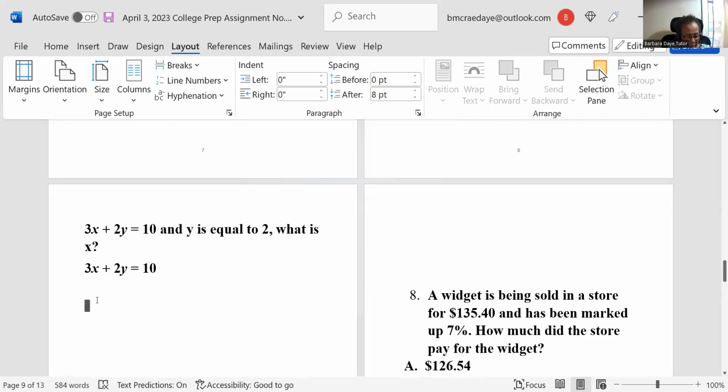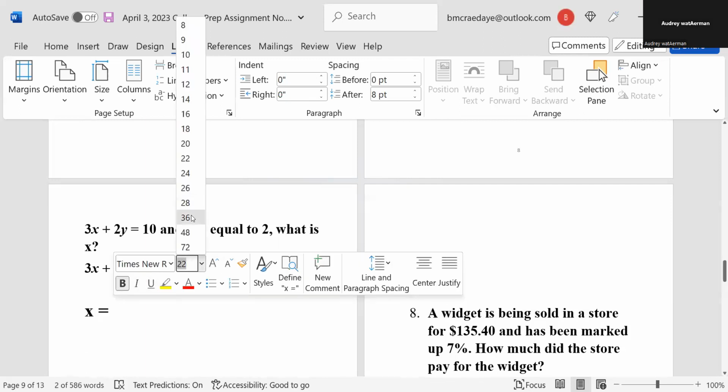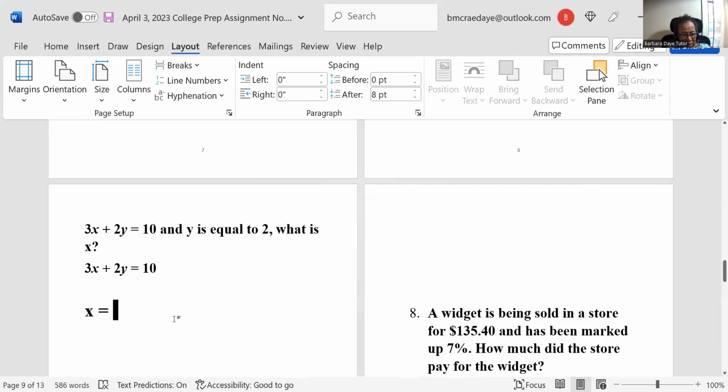Anybody got a value for x? Maureen, you got a value for x? Not yet. I know what it is. What is it, Maureen? Not yet. Like I said, I gave you some nice, easy numbers here. You could really do this with mental math.